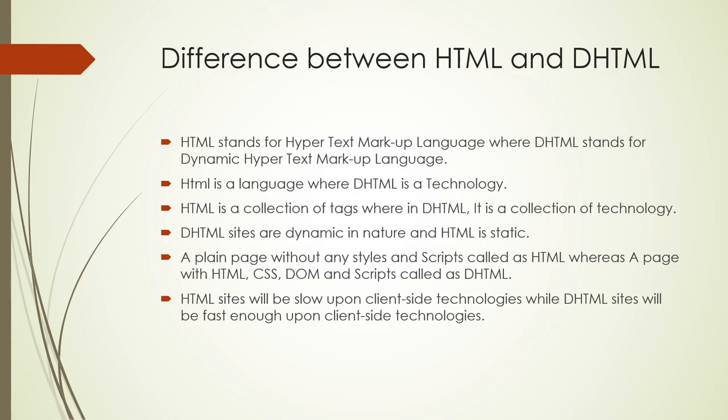DHTML sites are dynamic in nature and HTML is static. A plain page without any style or scripts is called HTML, whereas a page with HTML, CSS, DOM, and script, whenever you combine all these things, is known as a DHTML page. So if you are using CSS and DOM as well as scripting, it is by default DHTML.